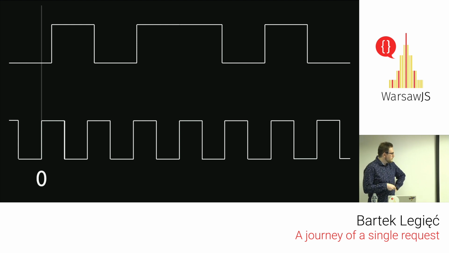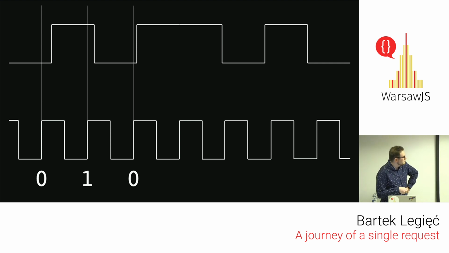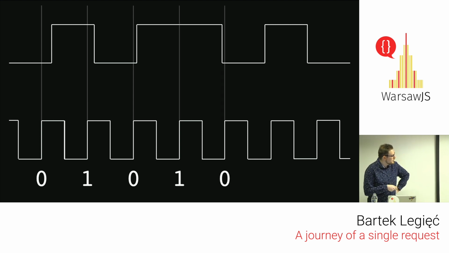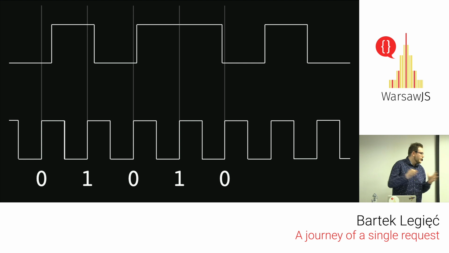We read 0 here, 1, 0, but you can see that it is almost wrong. We have another 1, but here we should have 1 and we have 0 because the clock stretched a little bit. And it is called a bit slip.